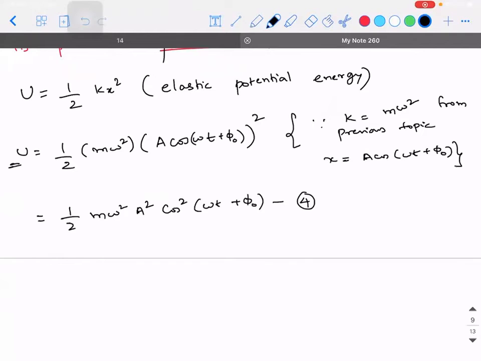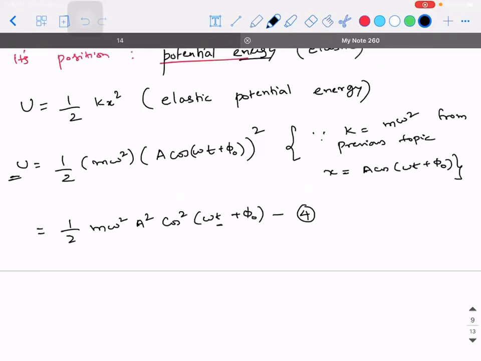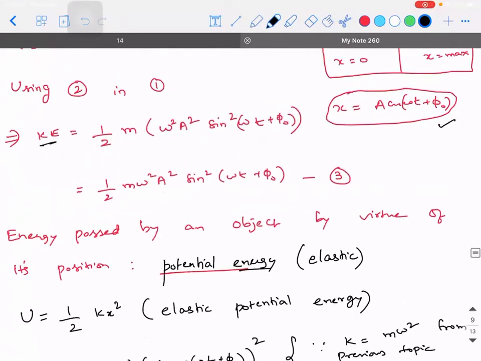So this is the potential energy of the particle at any instant, because the potential energy is a function of time. Similarly, this is the kinetic energy, which is a function of time.